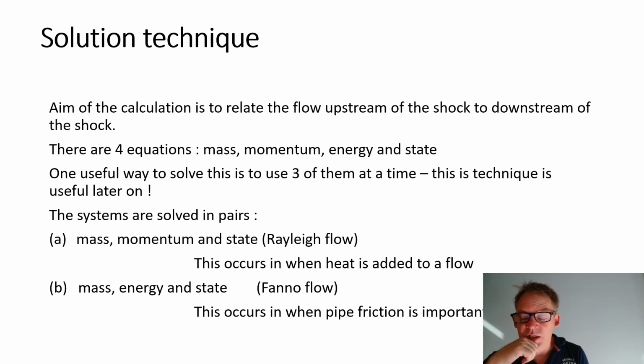It's when heat is added, so the equation of energy is not conserved, there's a change in the energy in the system. Or you can solve mass, energy, and state, and this occurs when the momentum change occurs due to frictional forces.